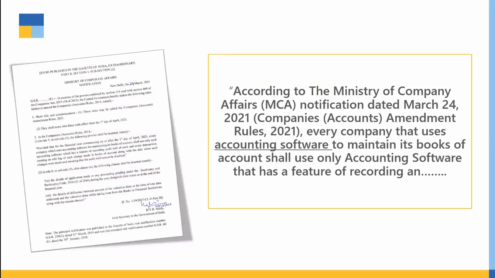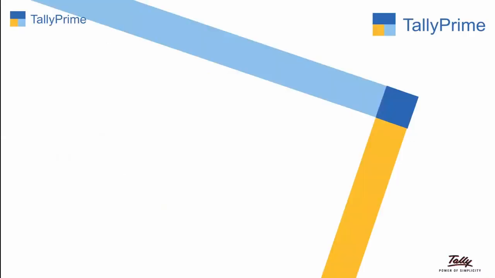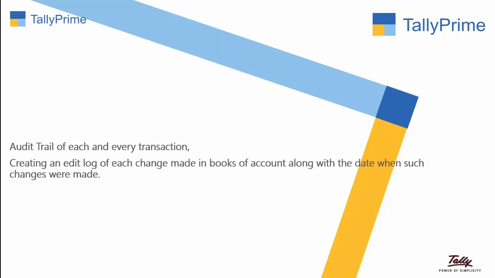So some of the softwares were available with a software log. User logs were available, but that is not what was meant by the MCA circular. What actually was meant was that the audit trail for each and every transaction would be required.